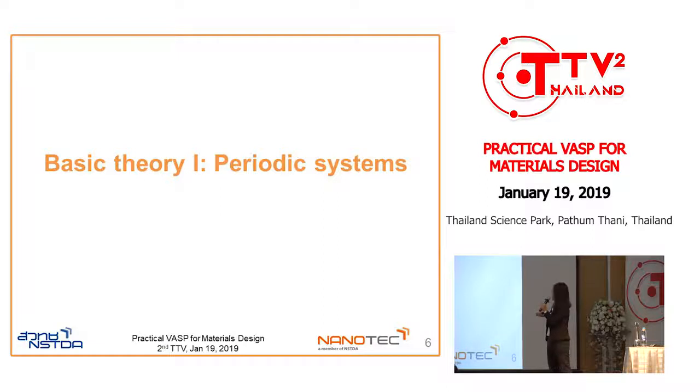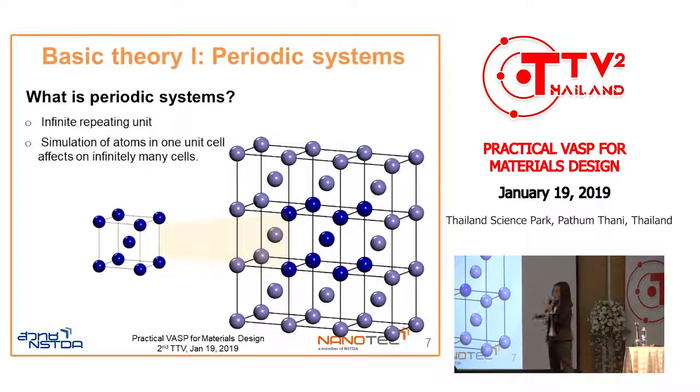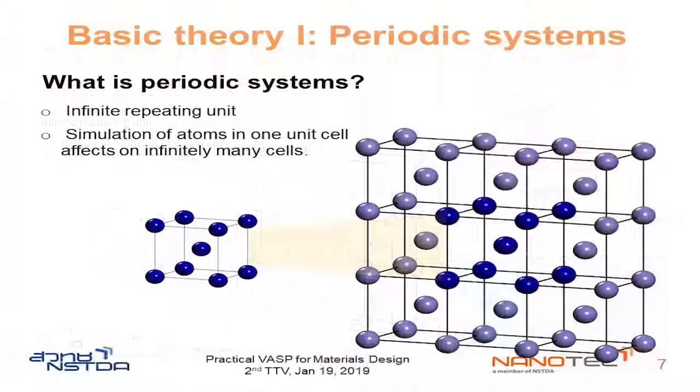Let's come back to the periodic system. It's good for students. The periodic system can be described by the repeating unit, the smallest cell. So if you extend this repeating unit in X, Y, and Z, you get the large, extended system.